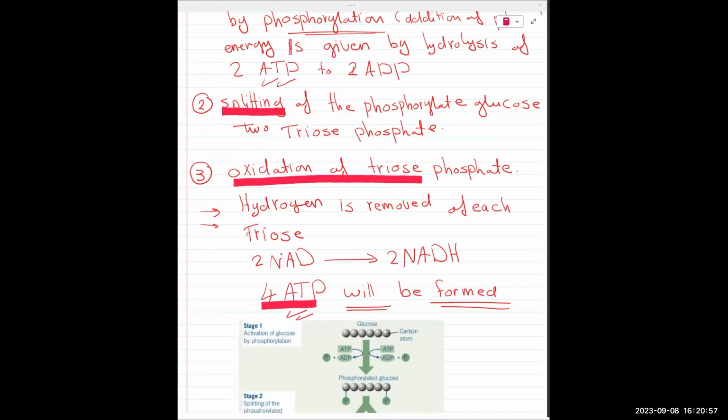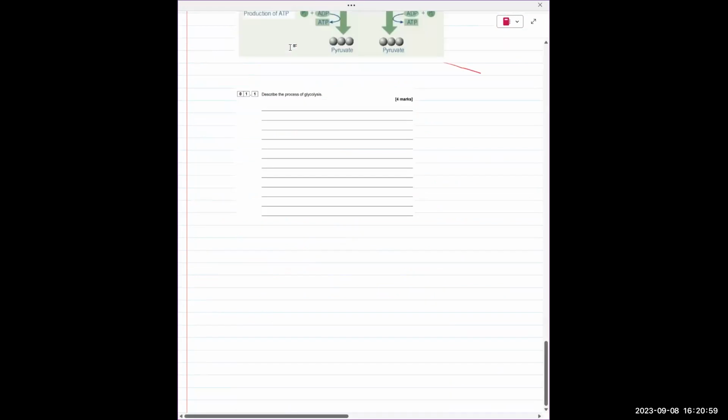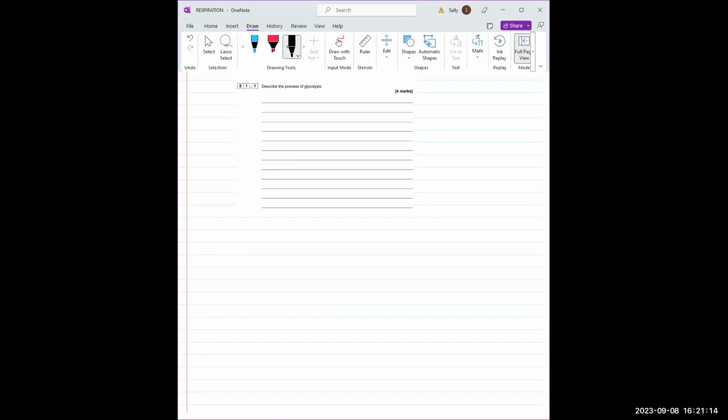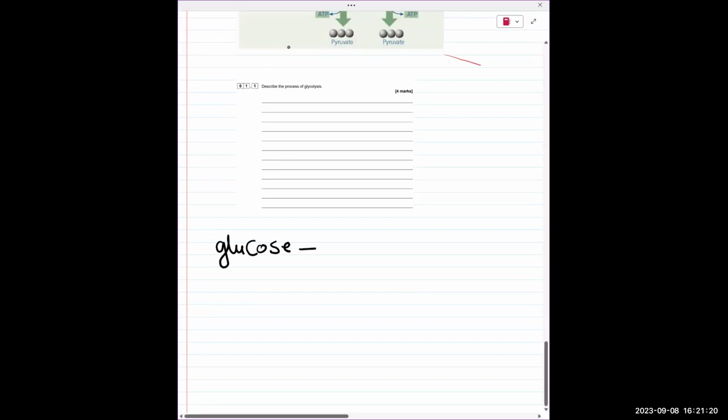If I would like to summarize the equation of this reaction, still it is an equation, right? It is a chemical change. So here I will write glucose plus what? What did we add to the glucose to make the glycolysis? We needed at the beginning to add 2 ATP.